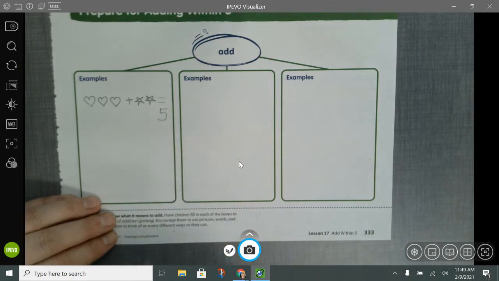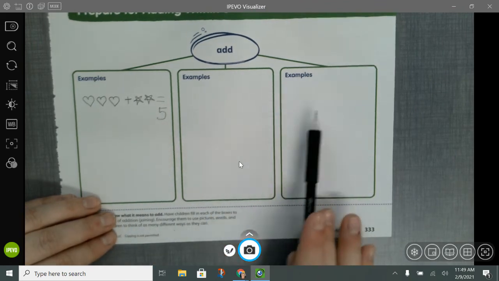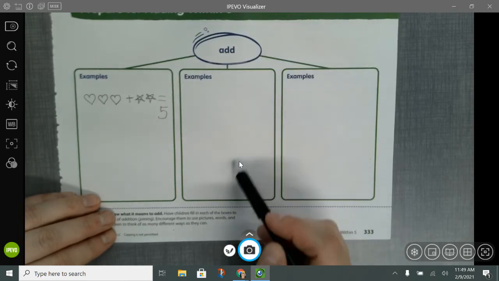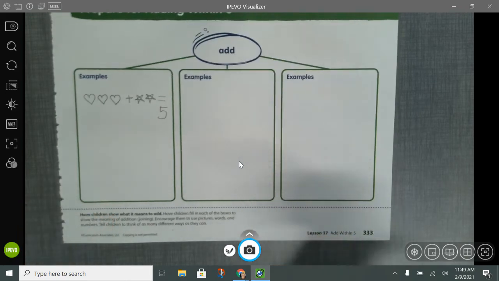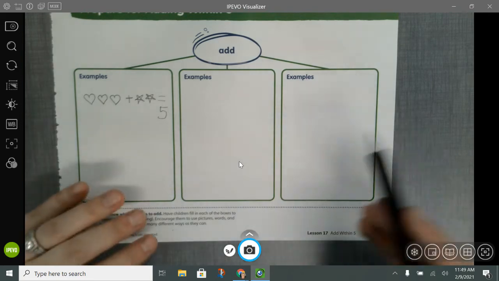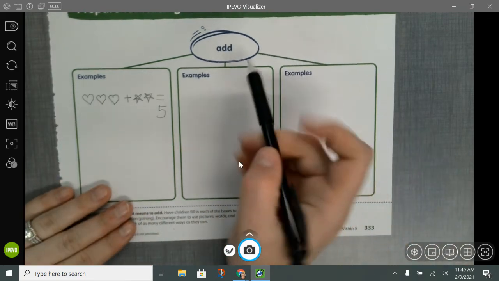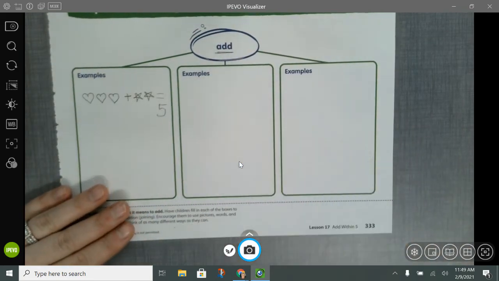So now I want you to press pause, and I want you to finish these next 2. You can draw pictures, you can use numbers, you can use words, however you want to show examples of the word add. So press pause as you do that.